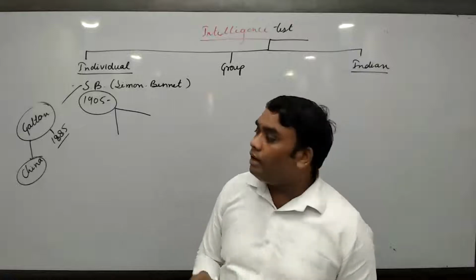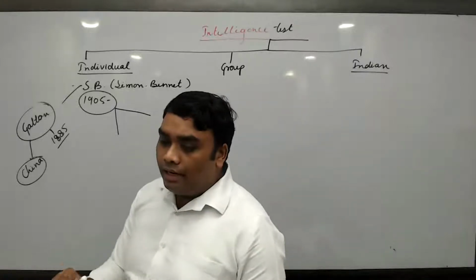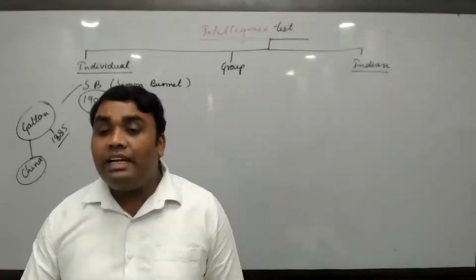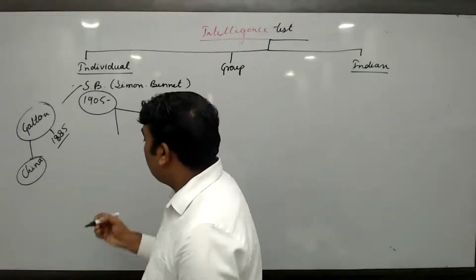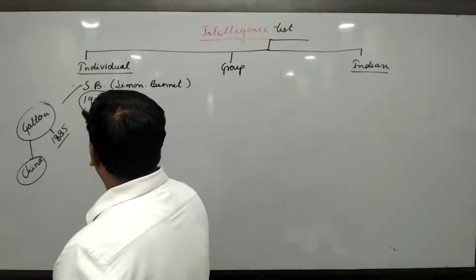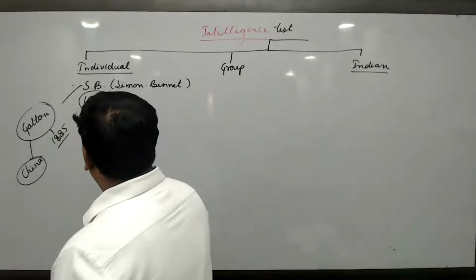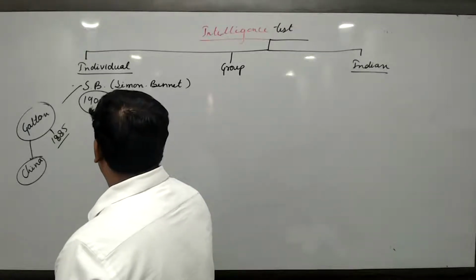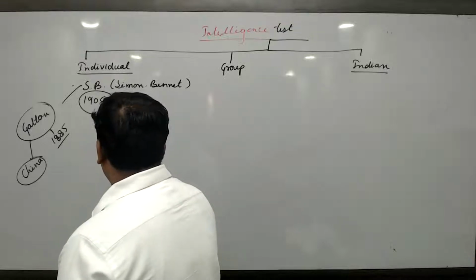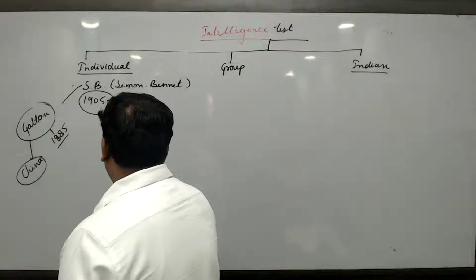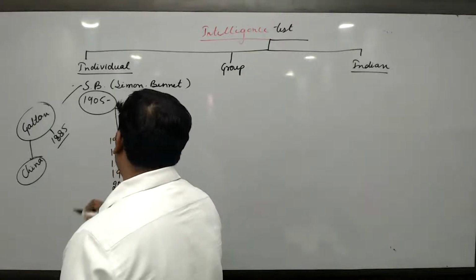Why did it become popular? Because it has been revised by psychologists many times. First it was revised in 1916, then 1937, then 1960, then 1986, then 2003.